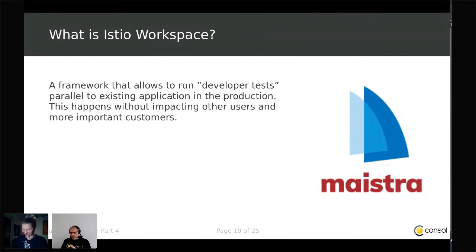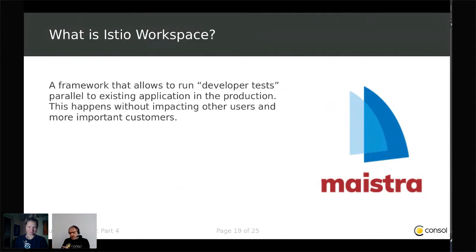So what Istio Workspaces is doing is, if you have an application or a production environment or test environment that is already using Istio for traffic control, you can use that to place your application right next to an existing productive system.